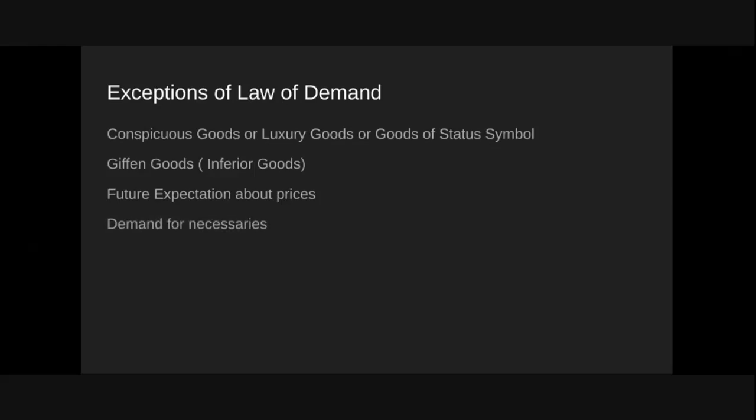Similarly, demand for necessaries. Say for example, someone needs a surgery, then whatever is the price, it is a necessity. You cannot avoid surgery. Therefore, irrespective of the price of that surgery, whatever it is costing, one will have to go for that. And speculation.